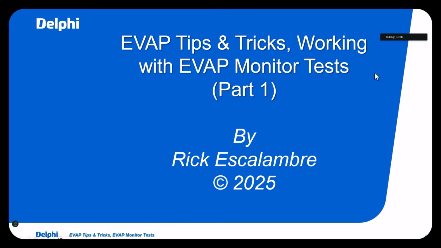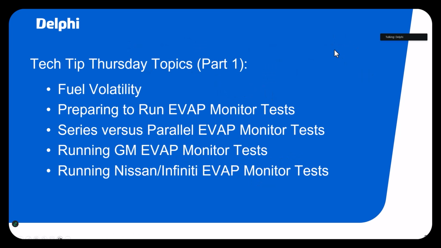Anyway, EVAP tips and tricks working with EVAP monitor test. What are we going to do in this next hour for Tech Tip Thursday? Part 1. We need to address fuel volatility. Short time on that because it's very critical to run an EVAP test. I've been working with EVAP since 2004, 2005 in there, and I've run tons of EVAP monitors.